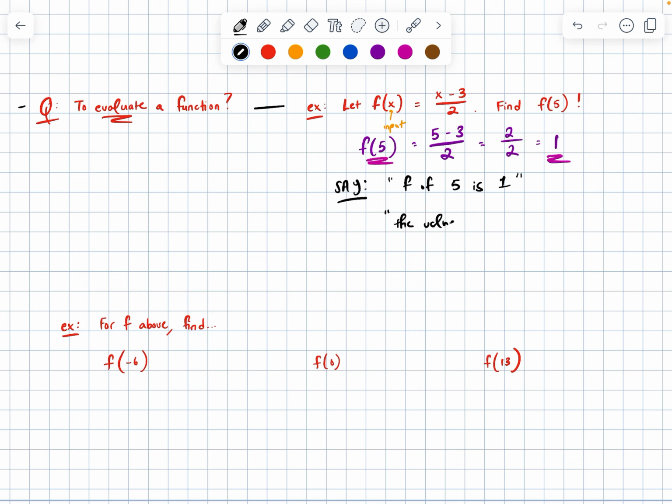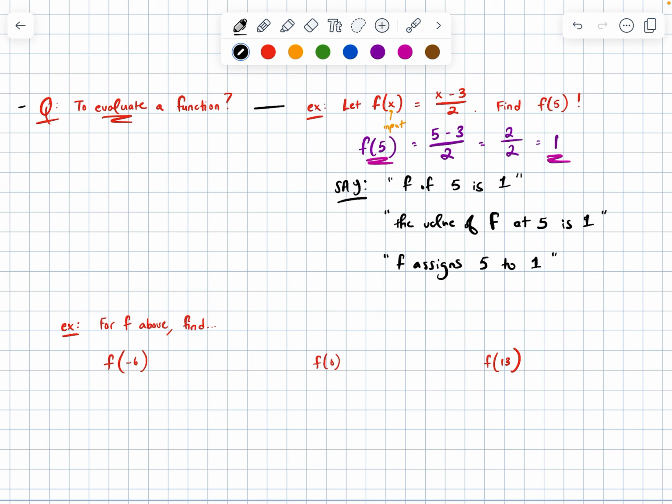I could also say something like the value of my function f at the input value of 5 is 1. And then the last way that I might say this, if I use that language of assigning, I could say that f assigns, or you could even say maps here if you want, 5 in my input set to 1 in my output set.